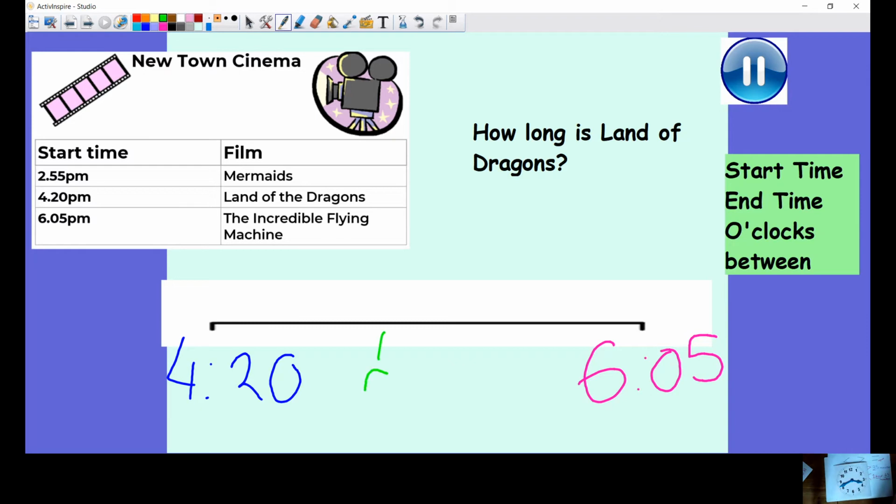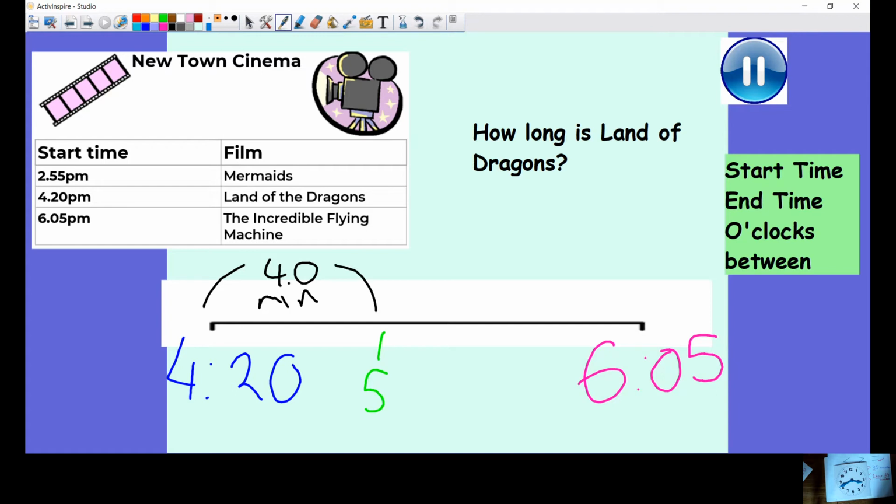So my next one is 5 o'clock. How many minutes is it from 20 past 4 to 5 o'clock? Well, I know that there are 60 minutes in an hour. 60 take away 20 is equal to 40. This is why knowing these number facts in our head really make life a lot easier for us.